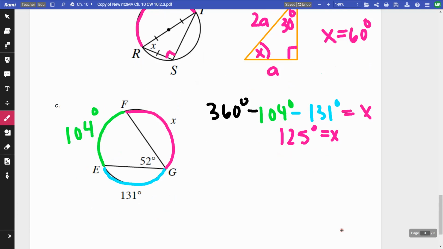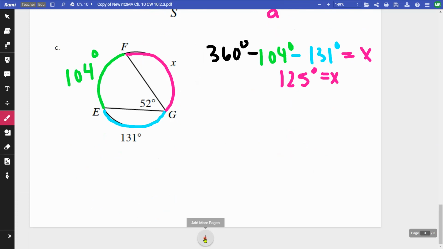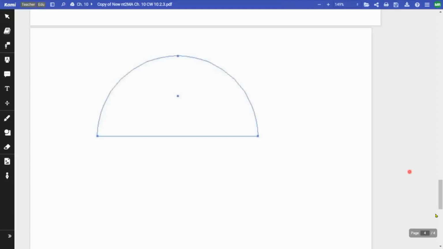So in summary, some of the ideas that we have learned here, okay, maybe I'll add it on to the next page. So one thing we learned is that if we have a diameter in a circle, it basically cuts a circle in half and we get a semicircle as seen here.